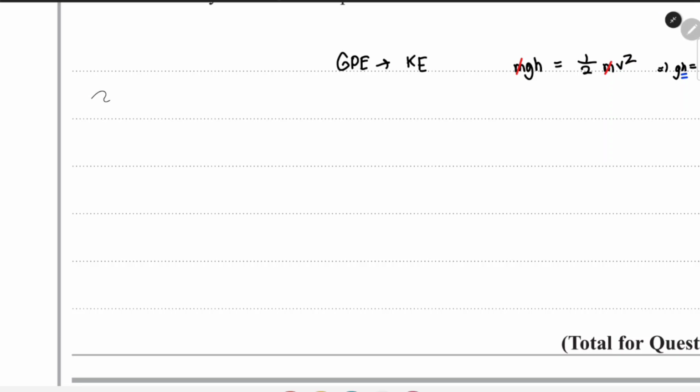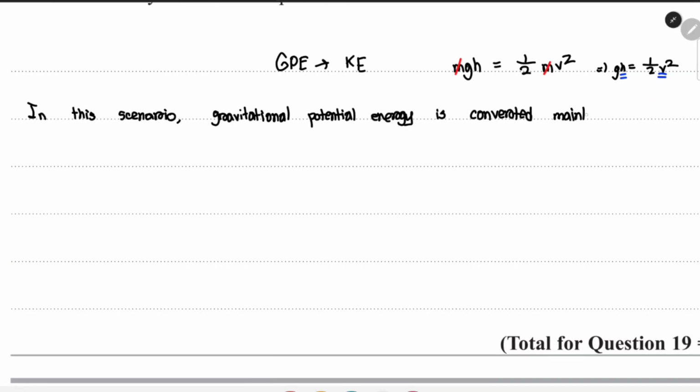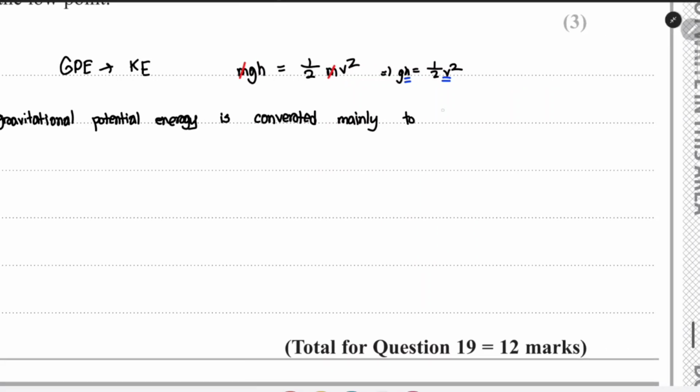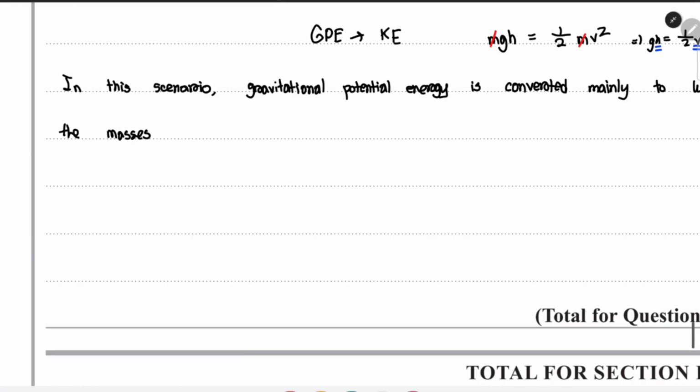So the first point would be that in this scenario, GPE, or I'll write the full form, so the masses will cancel out.